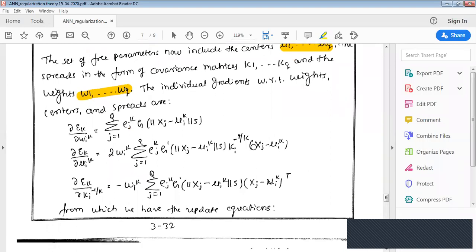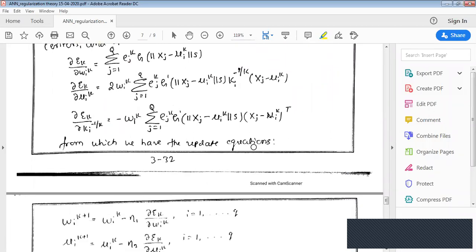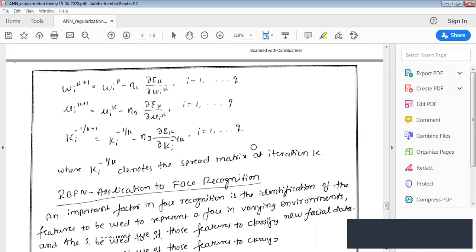Finally, what you remember is that by taking the partial derivatives with reference to the input weights w, the centers mu, and the covariance matrix k, we have the weight update equation. You remember the final weight update equations only. How are we going to update the weights? The new weight wi at k plus 1, let us say W1, how does W1 change in the k-th iteration, suppose the fifth iteration.